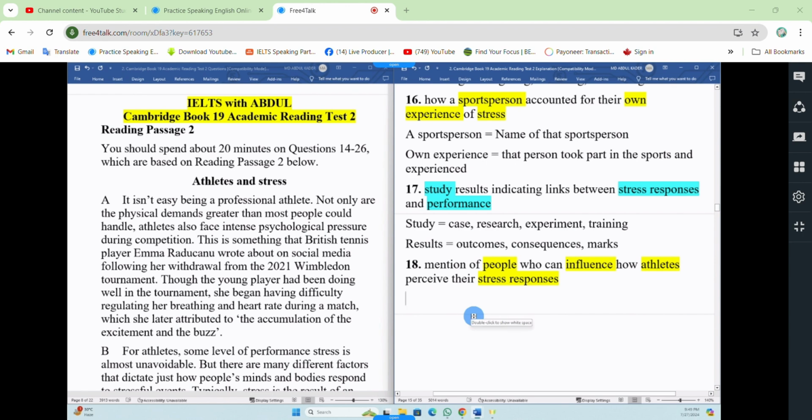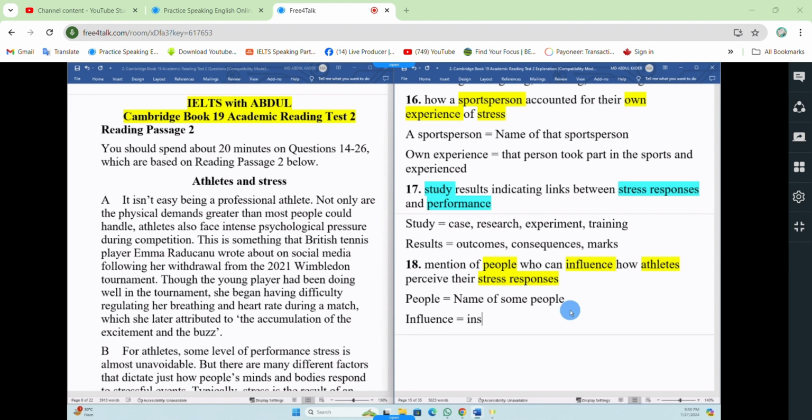So instead of the word people, we should consider name, name of some people. Instead of people we will have names of some people. And the second word is influence.